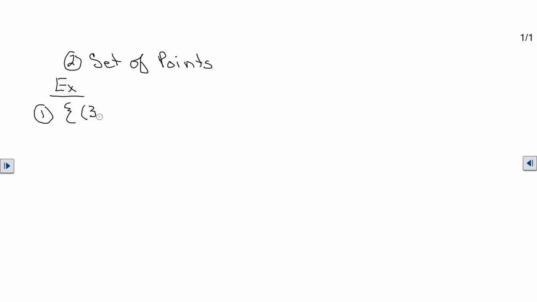Let's do 3 goes to 7, 4 goes to 1, and let's do something crazy. 2.5 goes to negative 6. Right? You can have other things than integers in this.